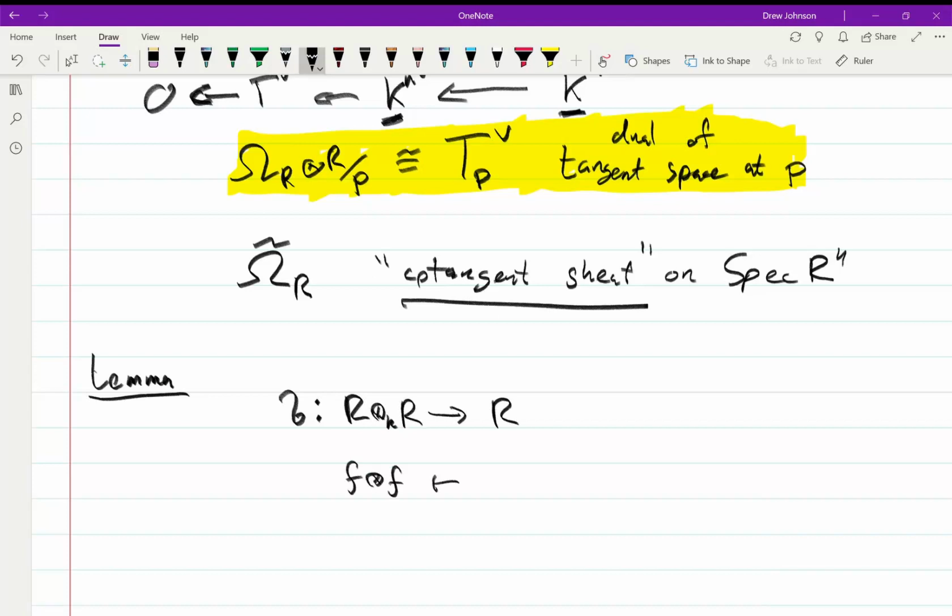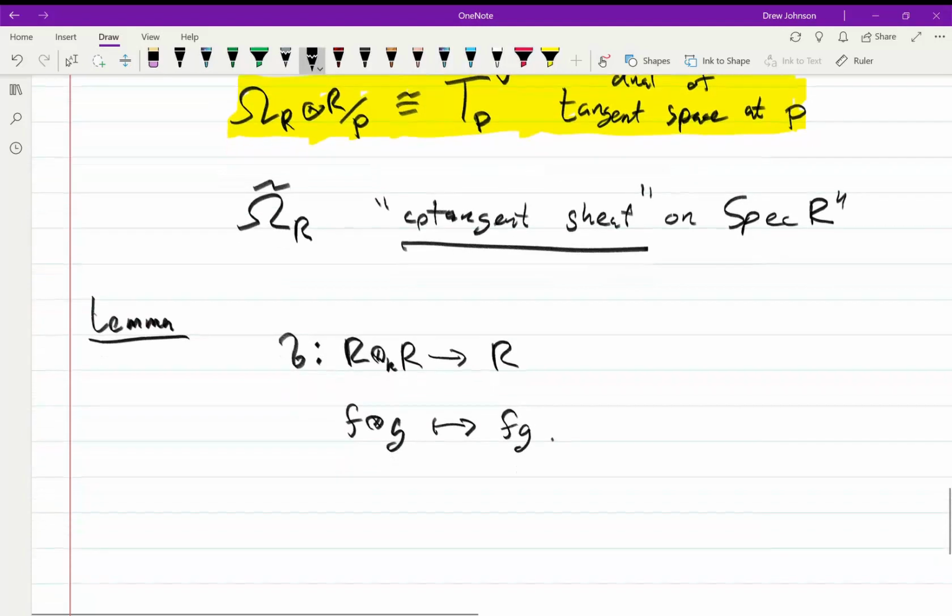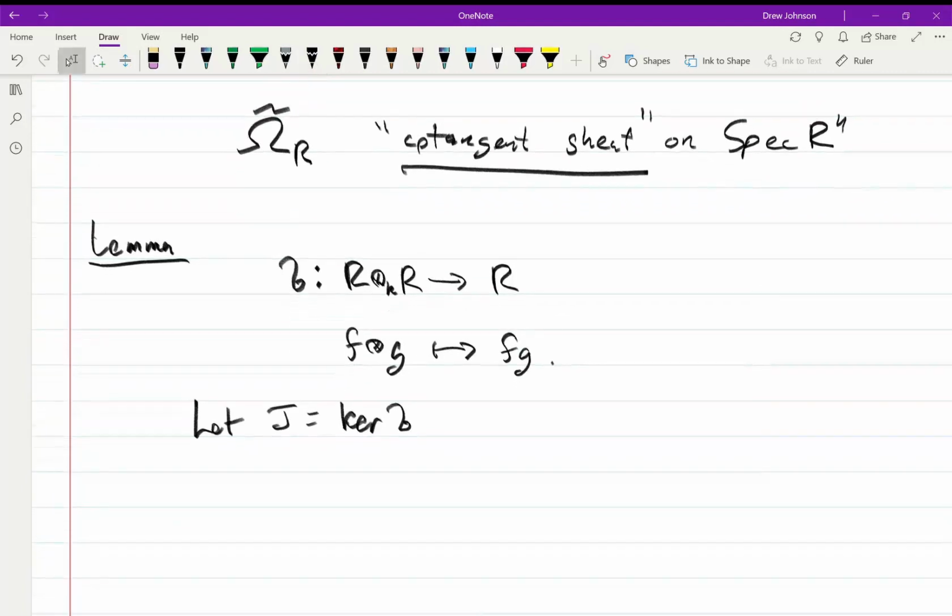F tensor G maps to F times G. Let J be equal to the kernel of this map. And then the lemma says J mod J squared is isomorphic to omega R.